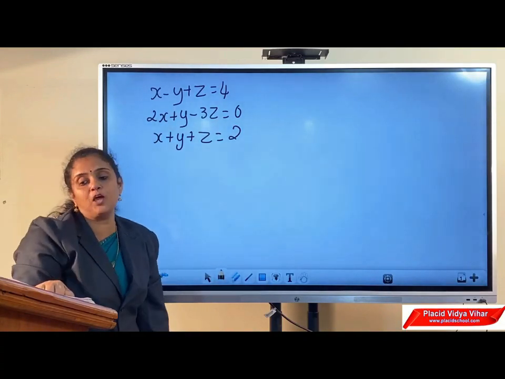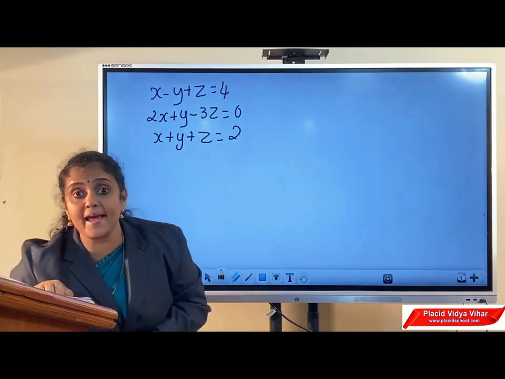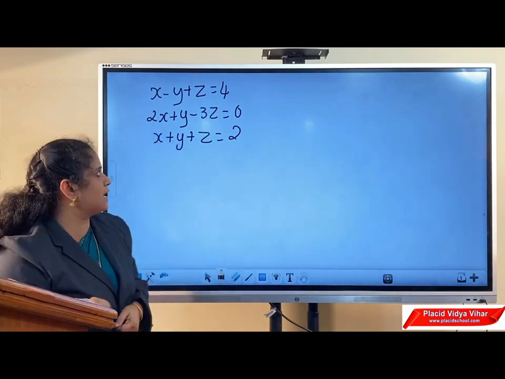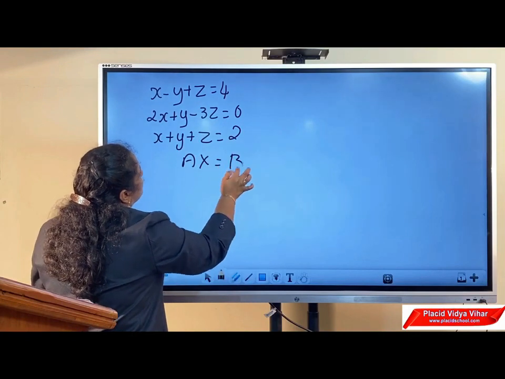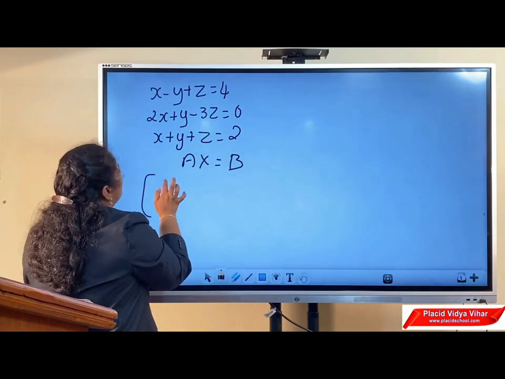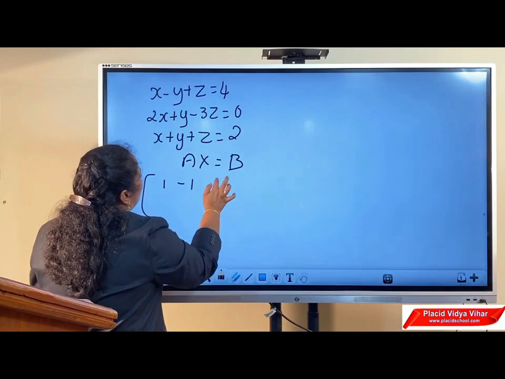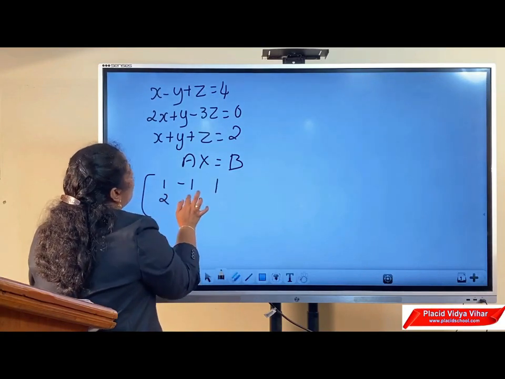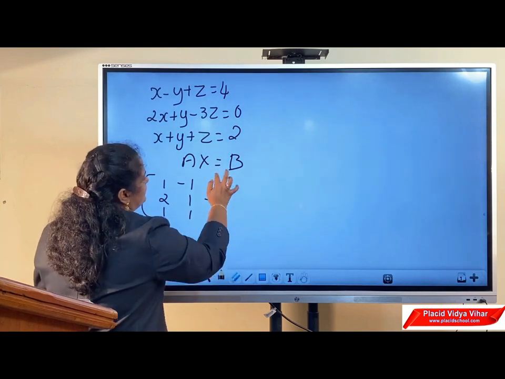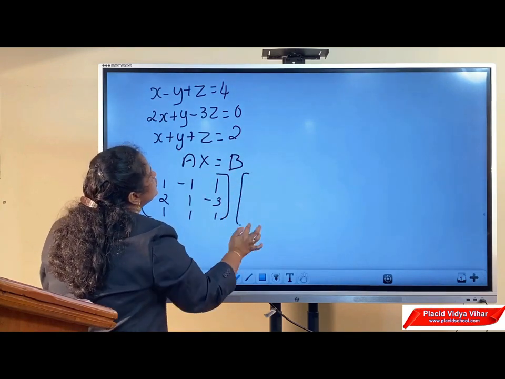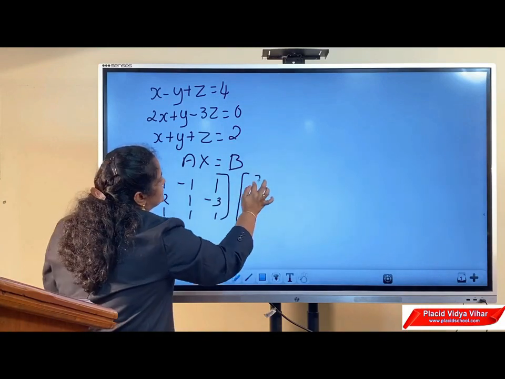The system of equations can be written in the form Ax is equal to B. A is equal to [1, minus 1, 1; 2, 1, minus 3; 1, 1, 1]. X has 3 variables, x, y, z.